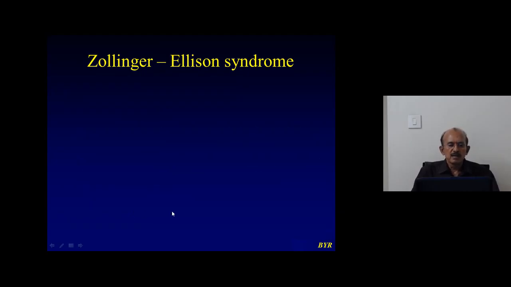G cells are present in some other places also. What are they? The pyloric antrum.